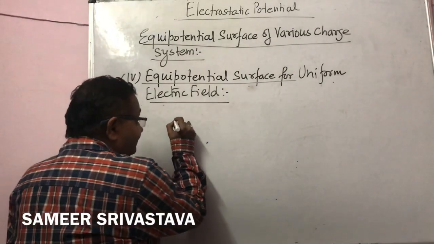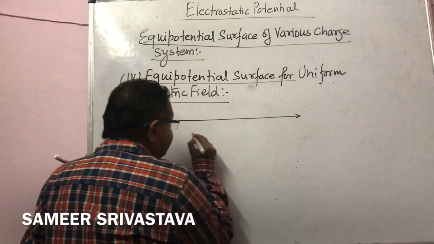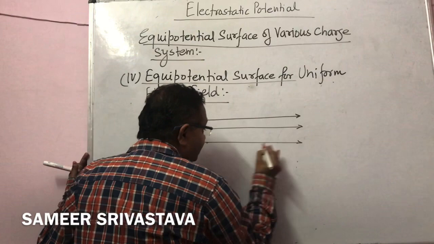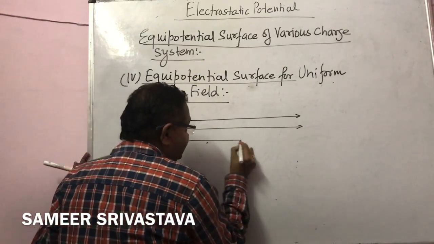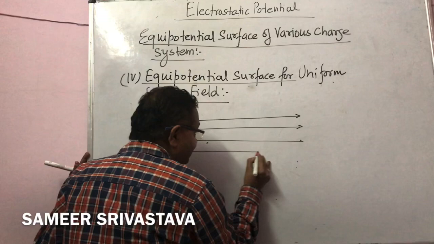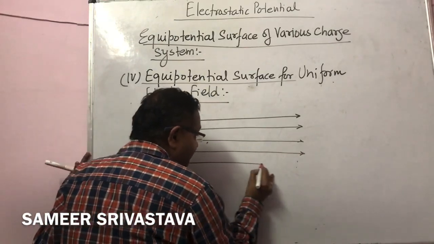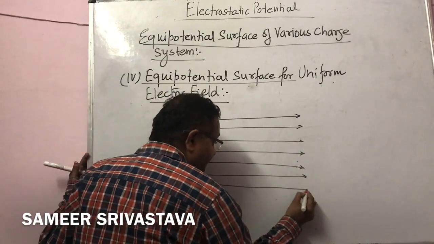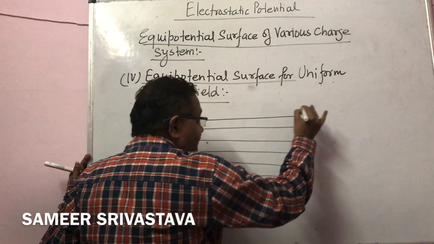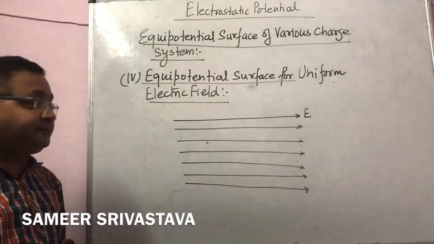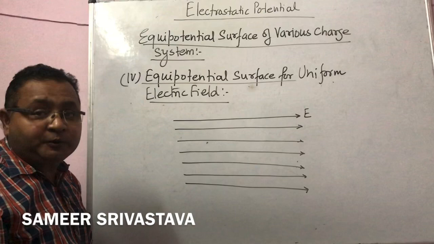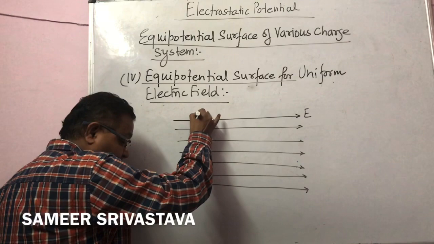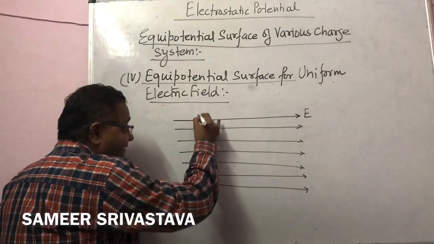Now here we have a uniform electric field. It means we draw parallel equidistant lines for a uniform electric field, like this. So this is a uniform electric field. In this uniform electric field, we have to draw the equipotential surface like this.